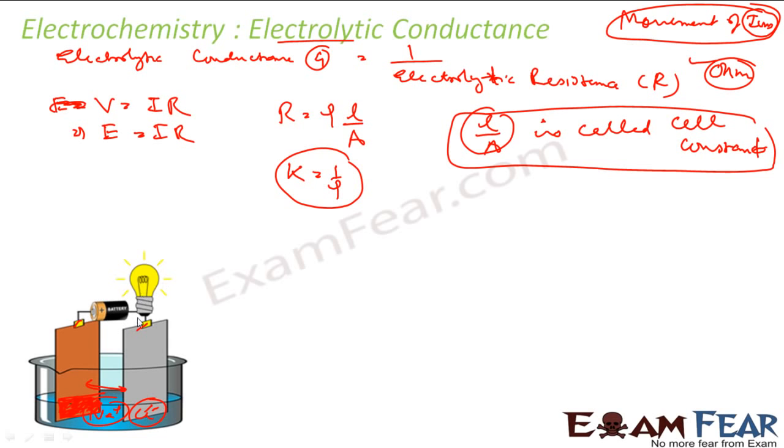So the conductivity depends on the nature of electrolytes. If you add NaCl, the bulb glows more. If you add a weak electrolyte, for example acetic acid, the bulb glows less. So I can say that the conductivity here also depends on, one, the nature of electrolytes.